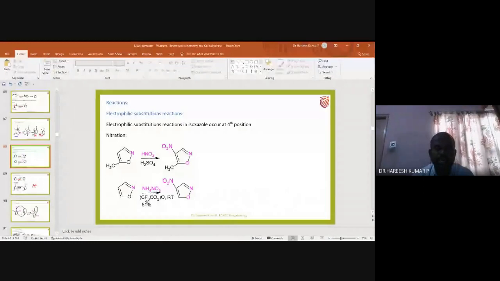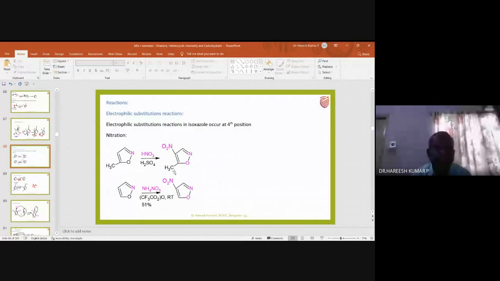And here trifluoroacetic anhydride is a solvent. RT means room temperature. So 51% of the product is formed. That NO2 plus attacks the fourth position of the isoxazole, giving rise to 4-nitro isoxazole. This is about nitration.